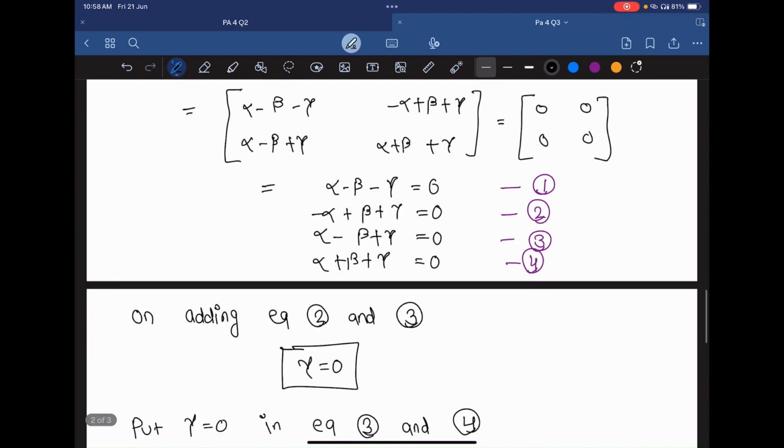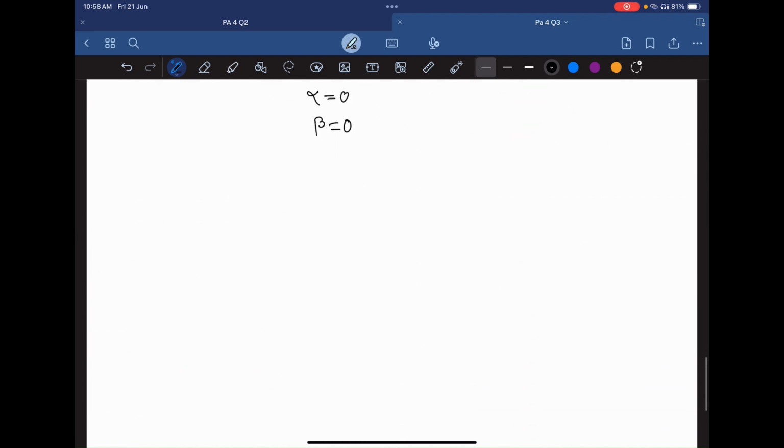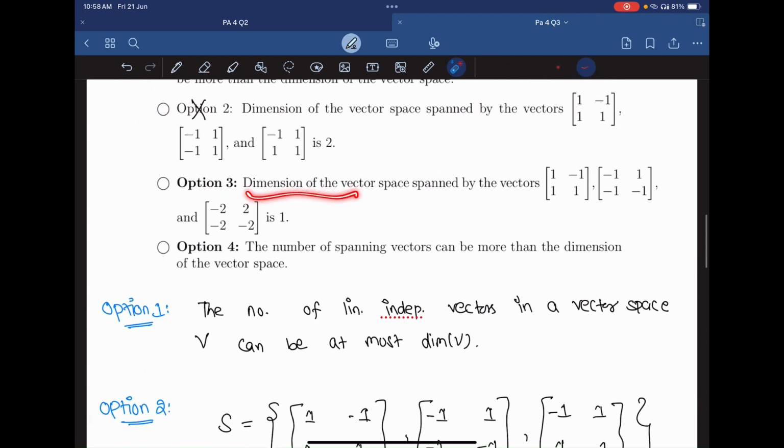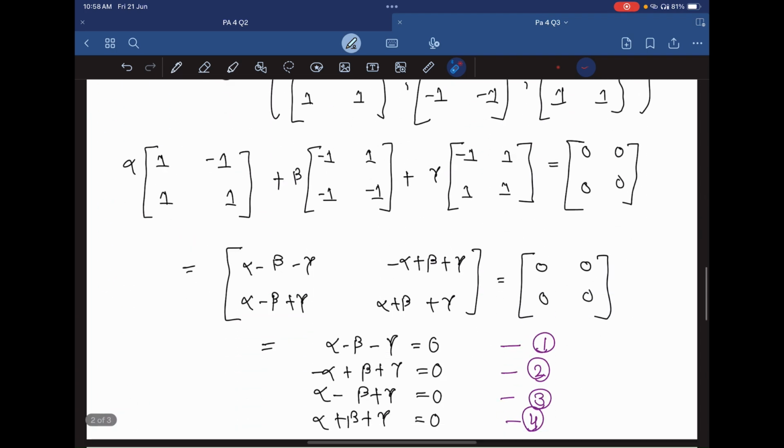Now let's look at option 3. The dimension of vector space spanned by the vectors is 1.